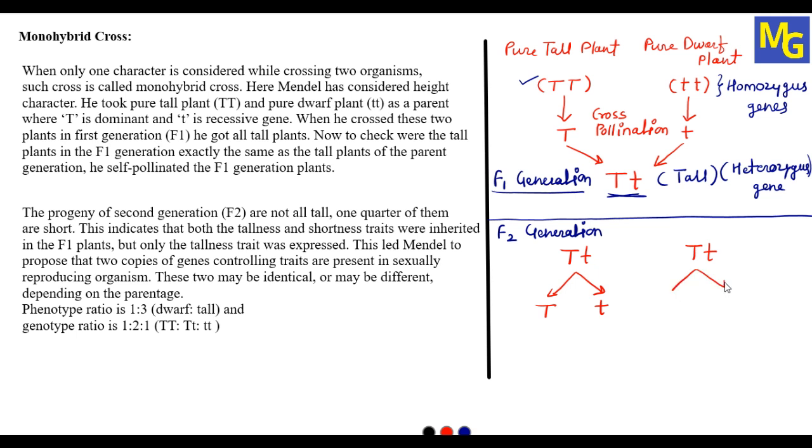Even here also we will write capital T and small t. Remember, these plants are tall. This is again a tall. Now we have to cross this, and whatever we are going to cross, this is called self-pollination, because here the plant is the same.